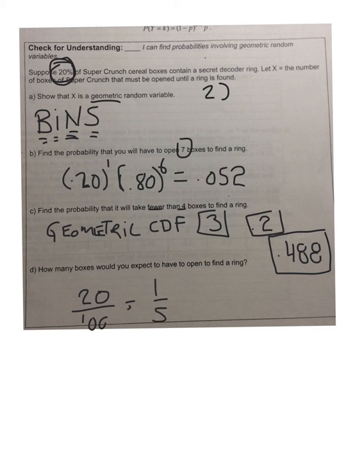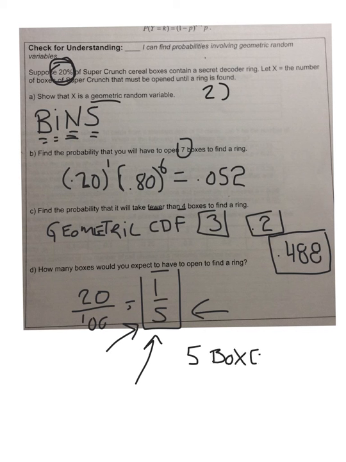There's a 1/5 chance that you're going to open a box and get a ring, which means if it's 1 out of 5 times, you would expect that you win 1 out of 5 times, meaning you would have to open 5 boxes. Or at least that's what you would expect. You would expect that you would win once out of 5 times, 5 boxes. There is that.